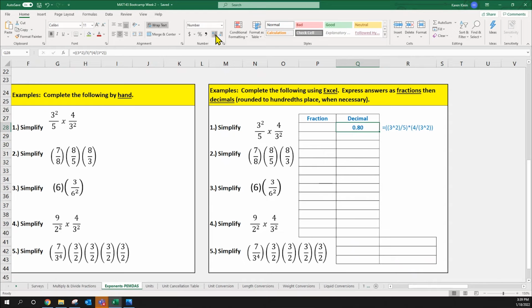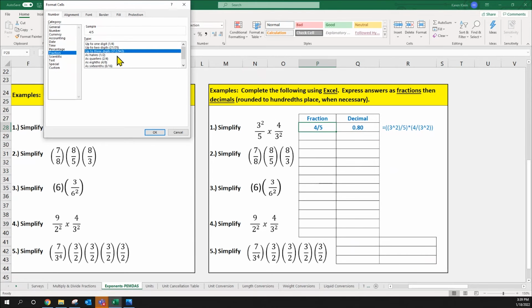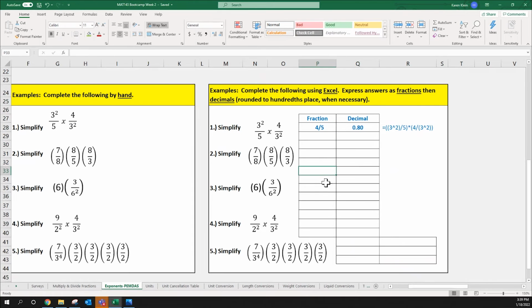Given my decimal places, 2 decimal places, I end up with 0.8. So I'm going to copy this over here and just turn that into a fraction. I think we're good with 4/5, and we are indeed good with 4/5. So you just notice we have a little extra grouping to do here.